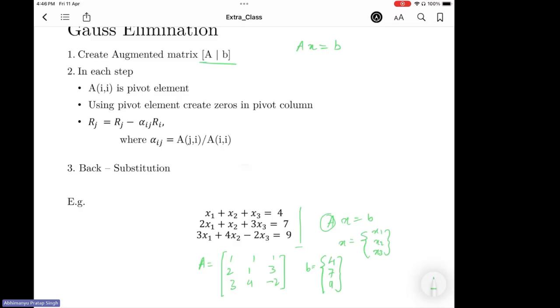The augmented matrix is just the concatenation of this matrix and this vector in a column-wise manner. So we get the augmented matrix as 1, 1, 1, 2, 1, 3, 3, 4, -2, and on this side we have 4, 7, and 9.